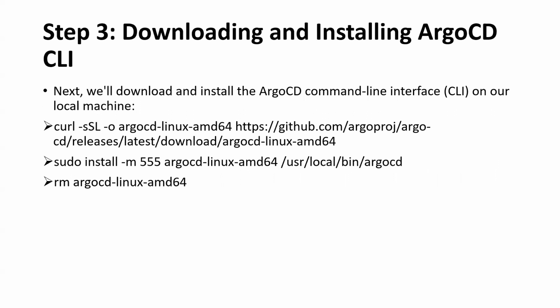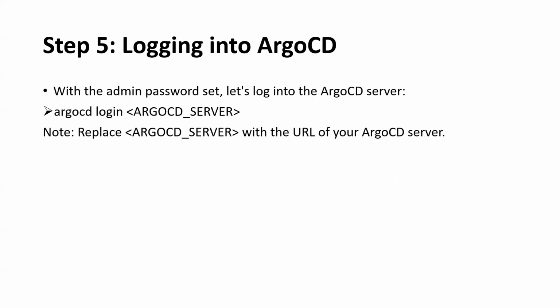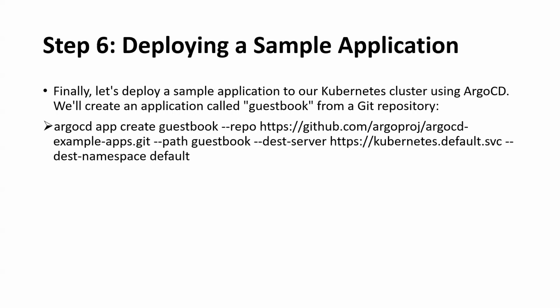Then we need to retrieve the login password for the ArgoCD UI. Then we will log in to the ArgoCD server using the ArgoCD CLI command. Finally, we will deploy the application using the ArgoCD CLI command. So let us see the demo part of it.